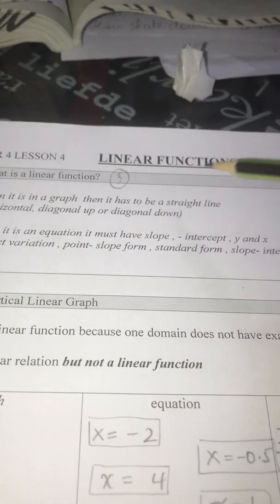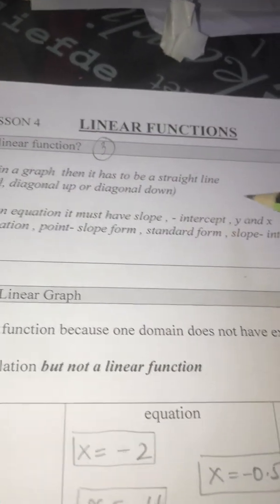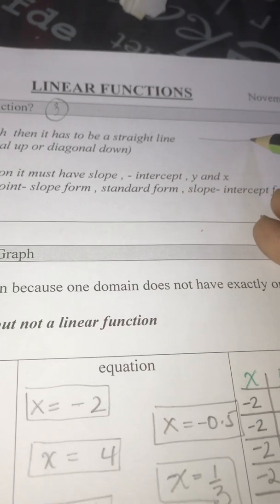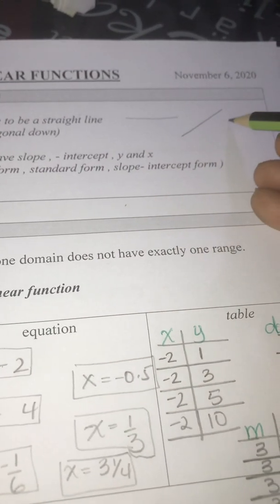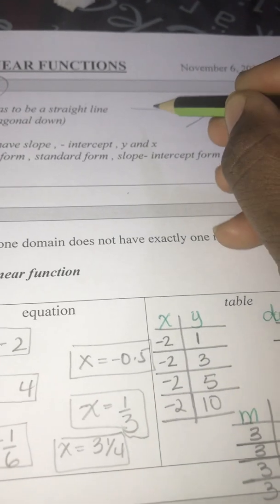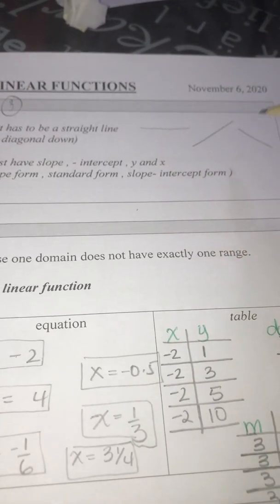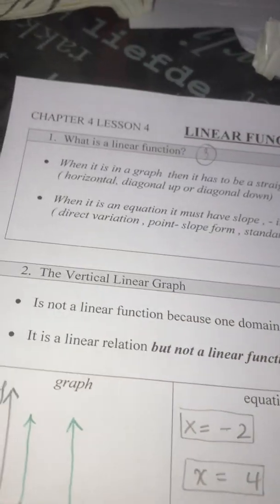So, when in a graph, it has to be a straight line. But which ones? Horizontal, diagonal up, diagonal down. So, horizontal, diagonal up, and diagonal down. These are the only linear graphs that are also linear functions.